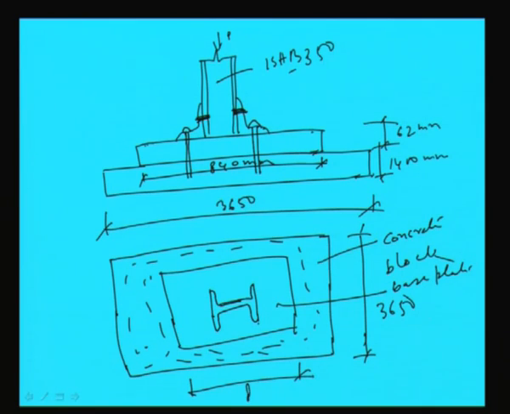This is 840, similarly this is 840, right, and this is 3650, ISHB 350, right. So this is the outcome of the design for that load, right.